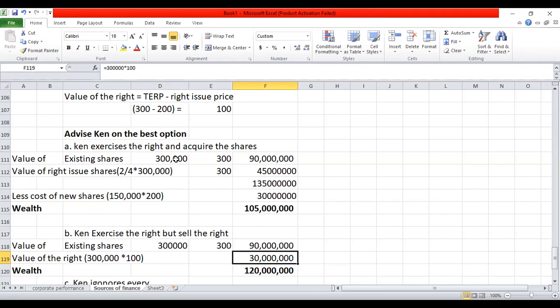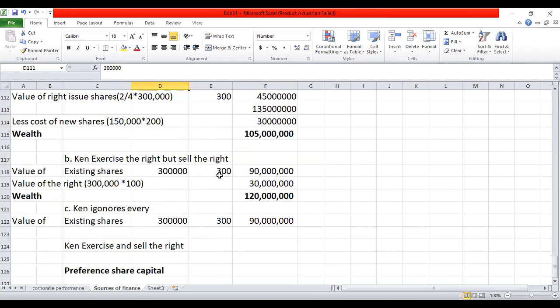For example, we had 300, you are adding new shares of 150, so your shares become 450. But in scenario two, what makes an increase is the money you get from selling the right. Thank you so much.